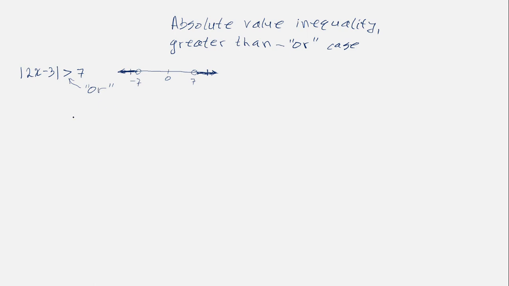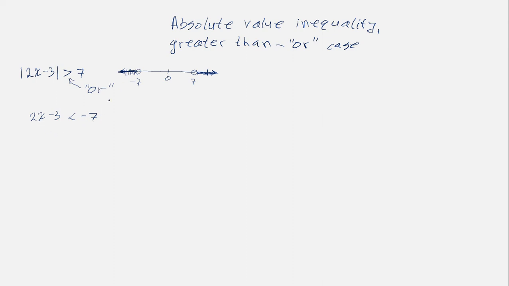Okay, so let's now use that information to set this up. We are saying that 2x minus 3 has got to be a value that's smaller than negative 7. So any number here is actually smaller than negative 7.